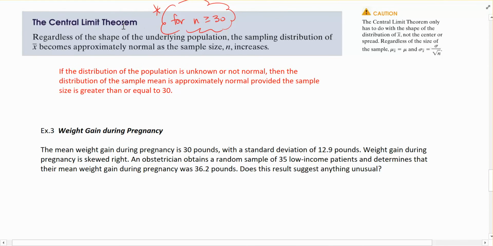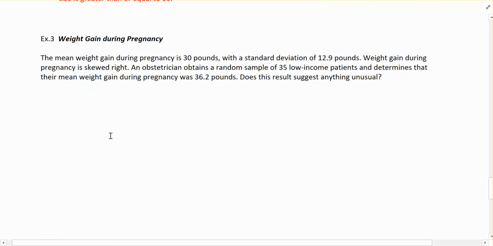Just to highlight the central limit theorem: regardless of the shape of our underlying population, the sampling distribution of our mean, x bar, becomes approximately normal as the sample size n increases. So let's look at an example.